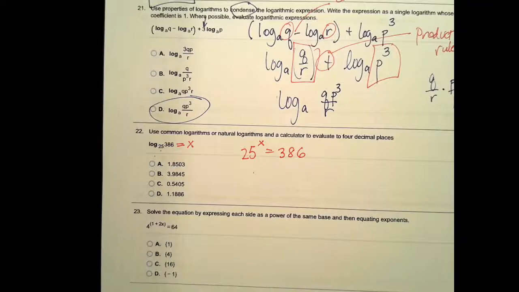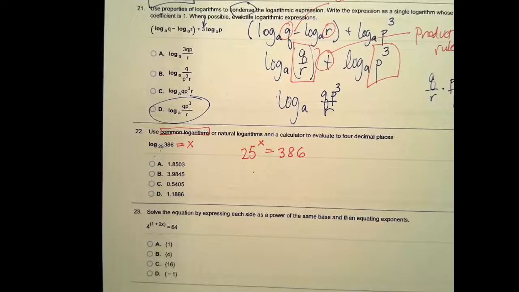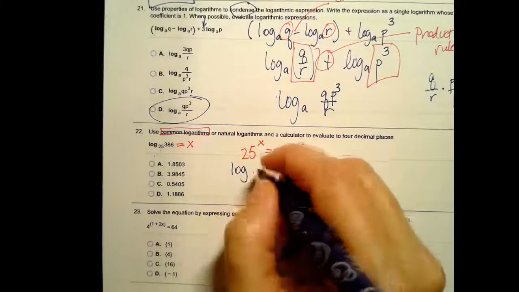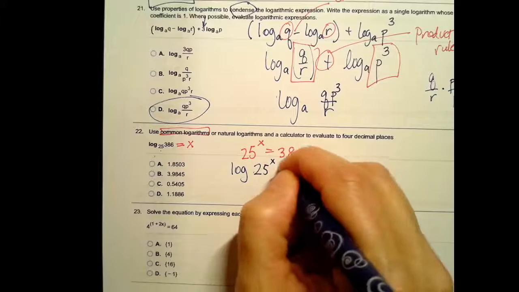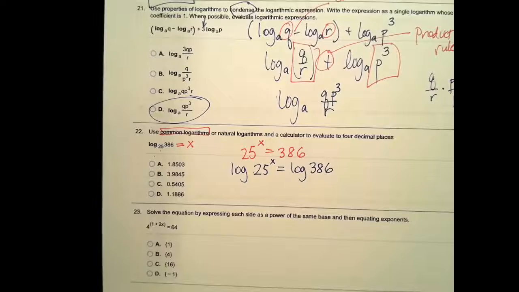So this is where I am right now. 25 to the x is equal to 386. It says I can use common logarithms. So if I want to use common logarithms, then I can say the log of 25 raised to the x is equal to the log of 386.